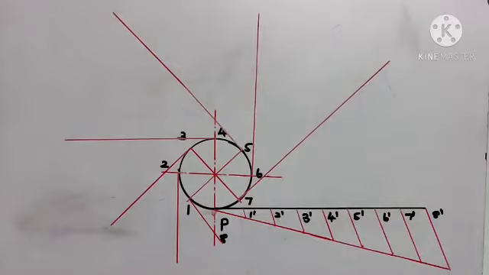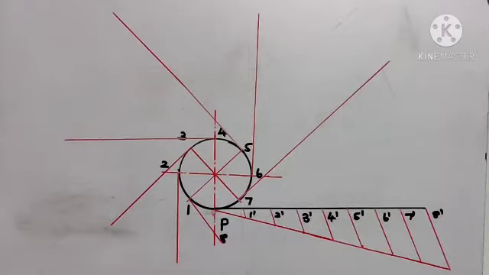Next, the distance between capital P and 1 dash is the radius, and 1 is the center. You need to make an arc on the tangent passing through point 1. I will repeat again.